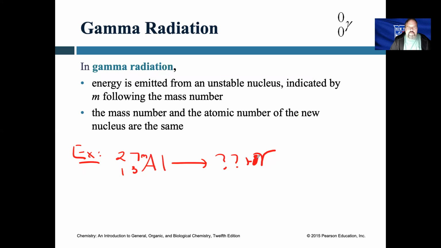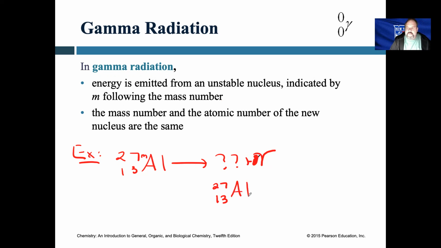So in terms of this nuclear equation here, what would be the identity of our mystery substance? Well, it's still going to have an atomic number of 13, a mass number of 27, and it's still going to be aluminum.